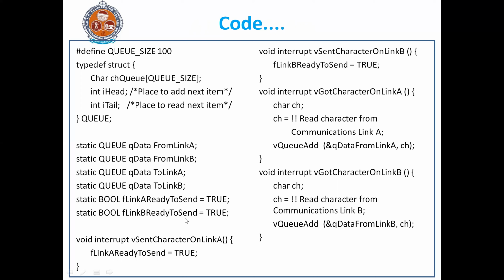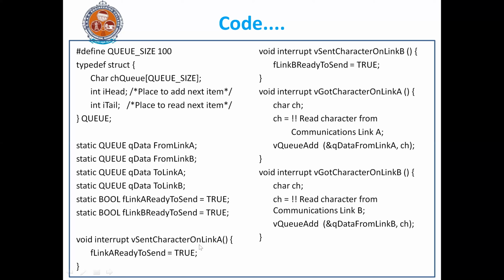Similarly, F link B ready to send is another boolean flag for link B. Here, we sent character on link A is written as an interrupt, and we sent character on link B is also written as an interrupt, and these two are for sending the characters and these two are for receiving the characters. So all these four are written as interrupt routines.